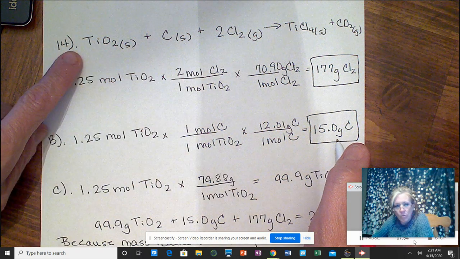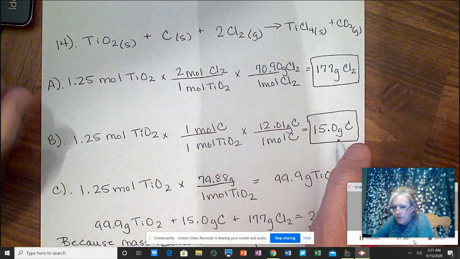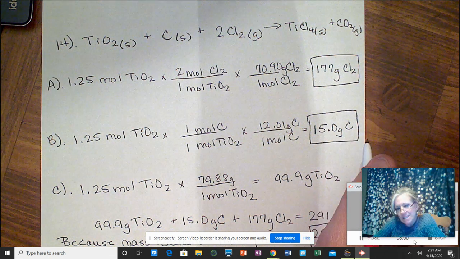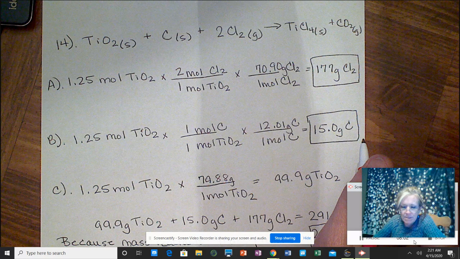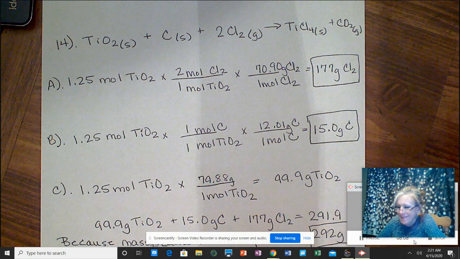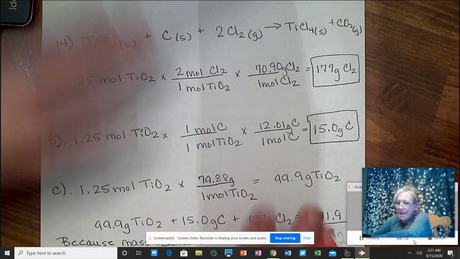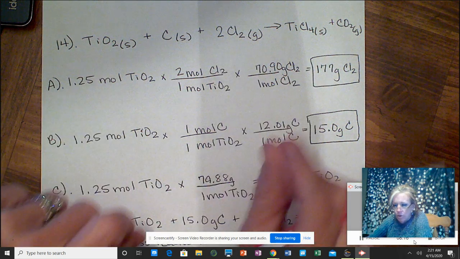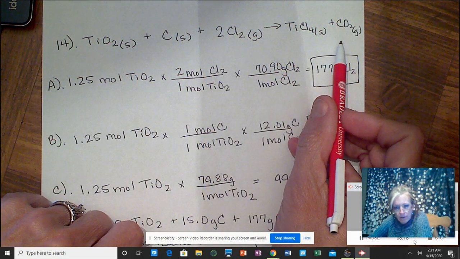We know that there are 1.25 moles of titanium oxide. Isn't it simpler, and doesn't it make more sense, to change our moles of TiO2 to grams and then add up all of those things? Because the mass of your 3 reactants is going to equal the mass of your 2 products.